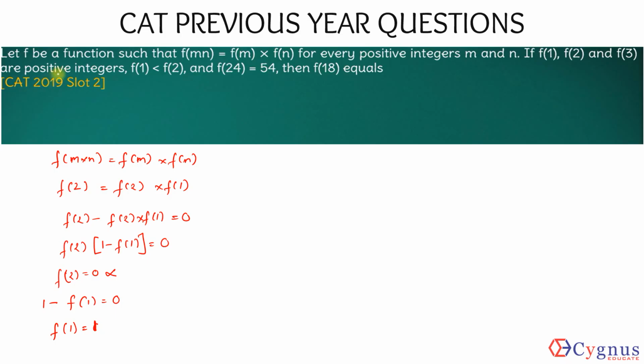If we want to convert this f of 24, f of 24 can be written as f of 3 into 8, which means f of 3 into f of 8. And this is given equal to 54.